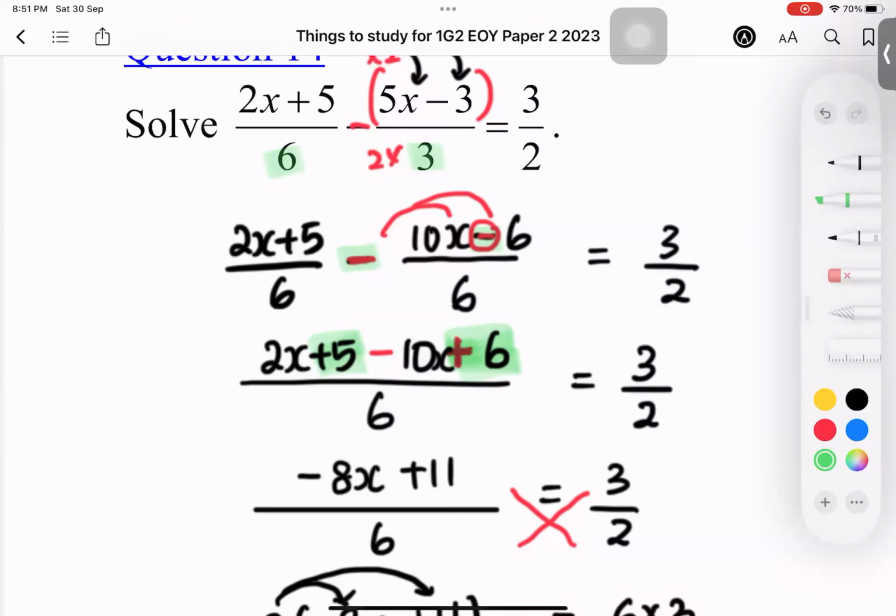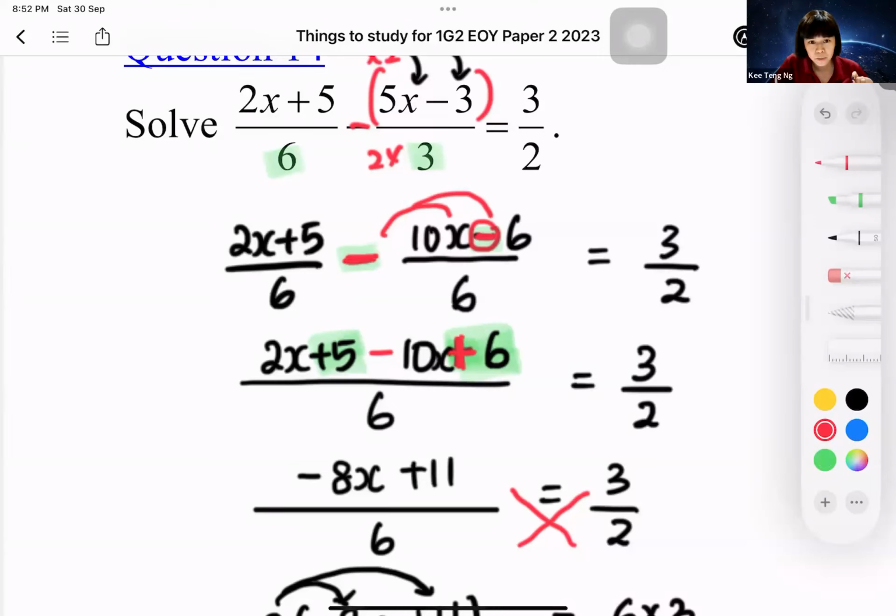I thought 5 minus 6. Why is it 5 minus 6? That's positive 5 minus positive 6, not me. Negative times negative become positive, right? Do you change the sign? Yeah. So it'll be 5 plus 6, not 5 minus 6.